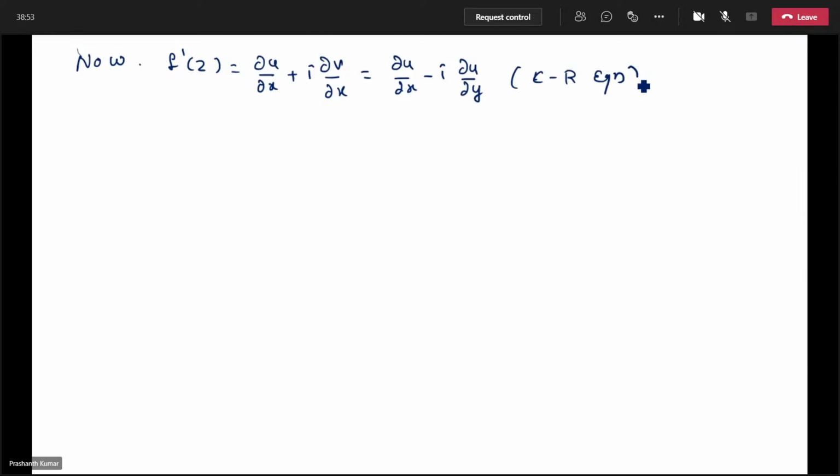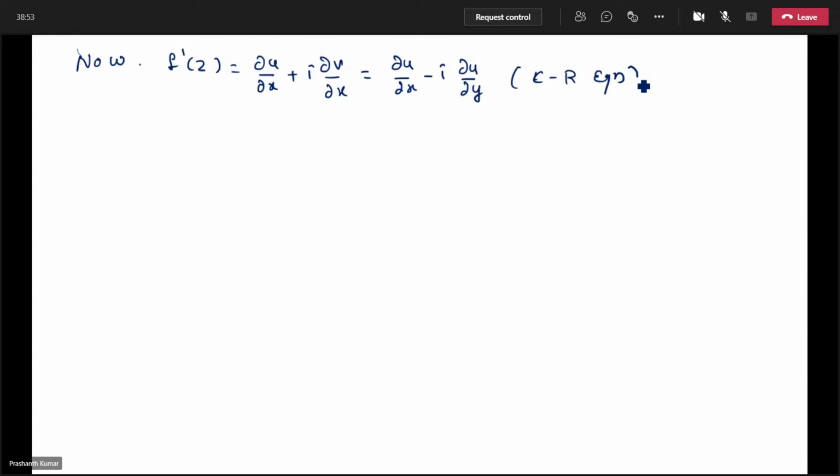So let us consider now dou u by dou x is equal to phi 1 of x comma y, and dou u by dou y is equal to phi 2 of x comma y. Like this I am taking.